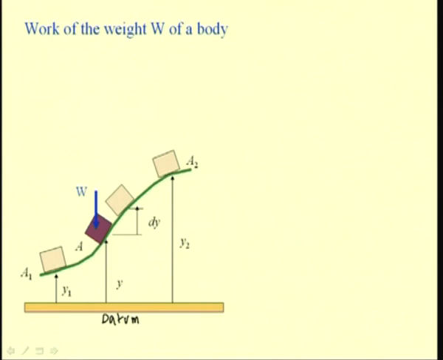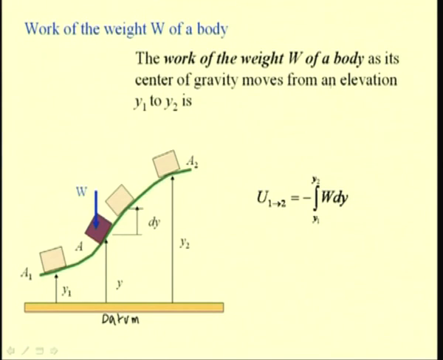For position A we have coordinate y, and let us assume a small vertical displacement dy and find the work done by this force W for this displacement dy, and then find the total work done by this force W for the displacement from A1 to A2.